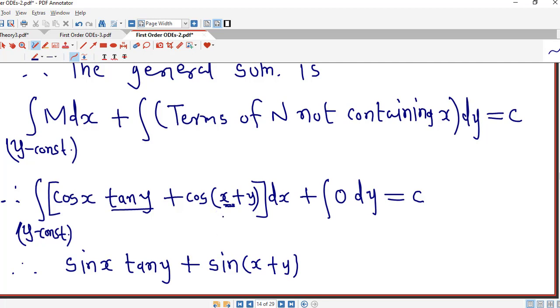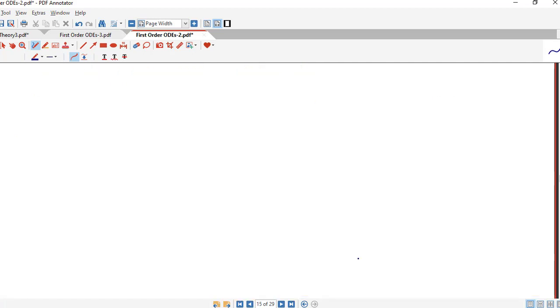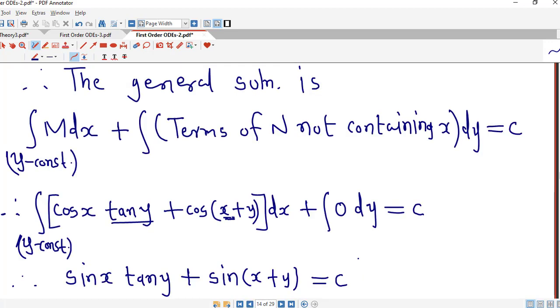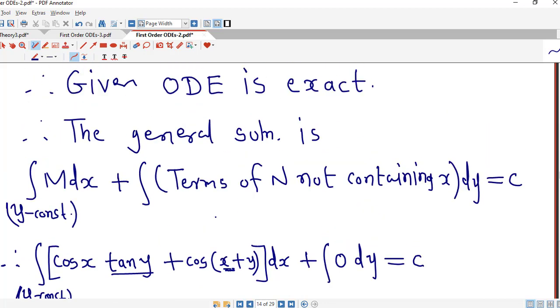So it is sin of x plus y equal to constant of integration. So this is the general solution of the given differential equation. In this way, if our differential equation is exact, it is very easy to find its general solution. We just have to remember this formula for general solution.